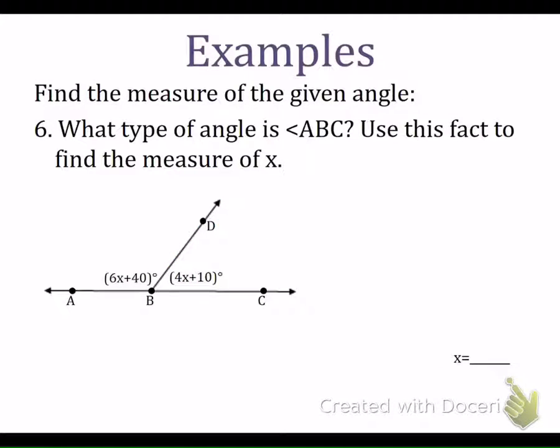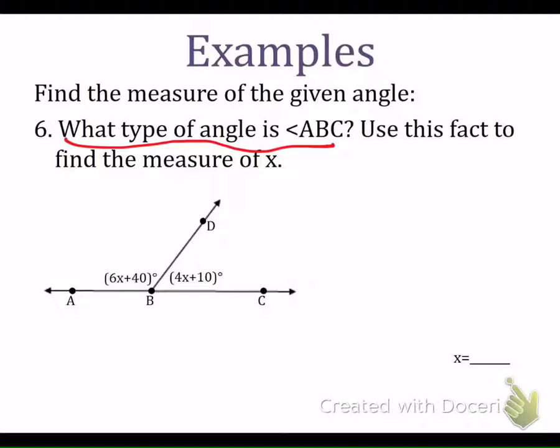So, what type of angle is angle ABC? Use this fact to find the measure of x. This is tricky. So first of all, this question right here. What type of angle is this? ABC is a what? Straight angle.